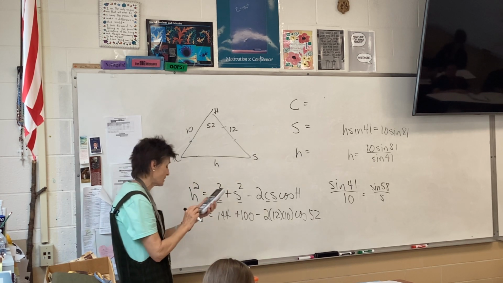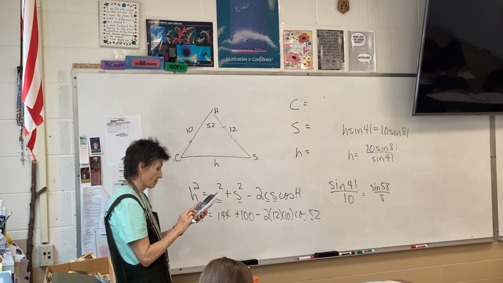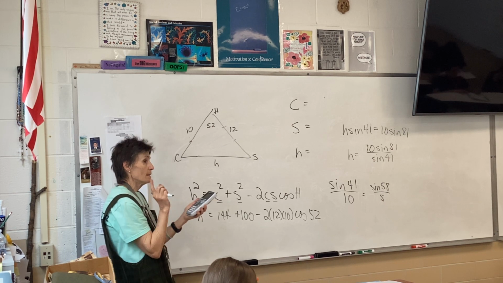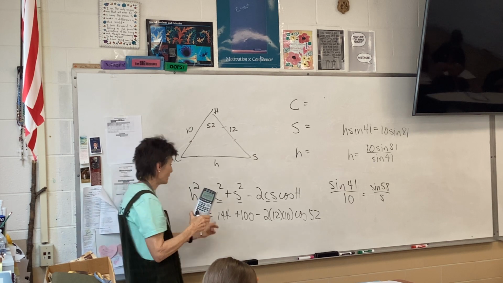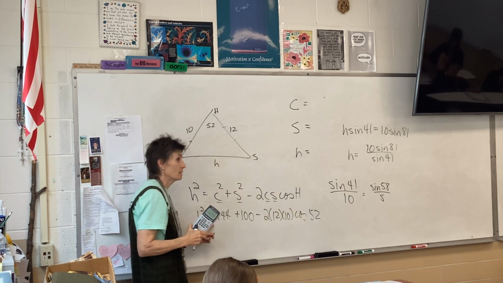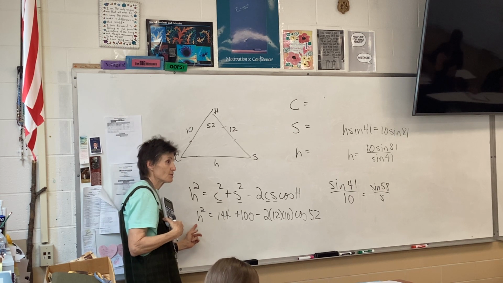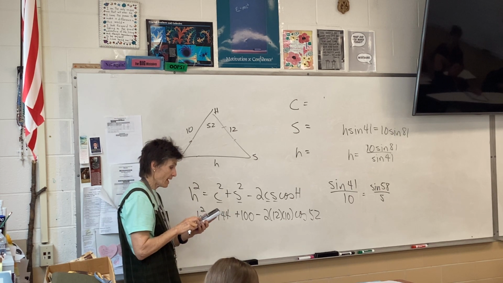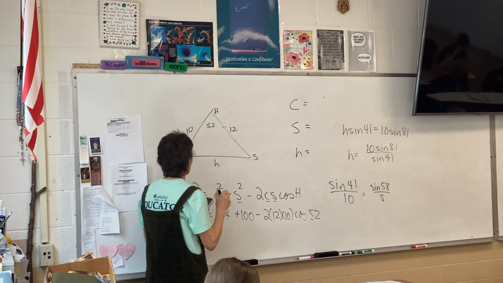So obviously we're still in degrees. Now be careful, because when you get all that typed in, what does all this equal? H squared. You have to square root that answer, and it's 9.810.